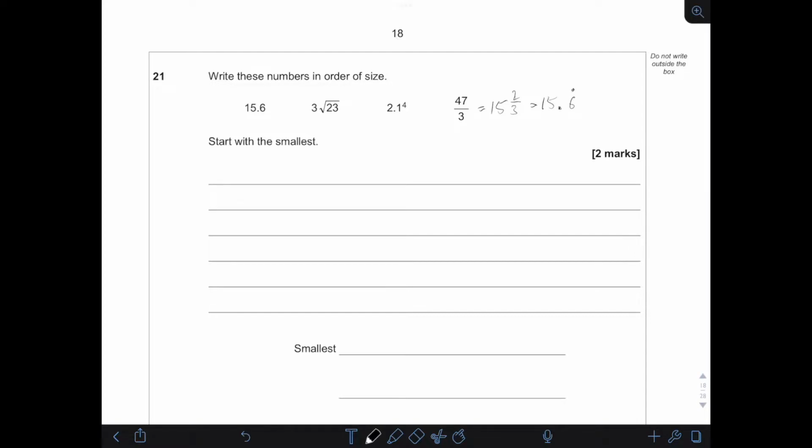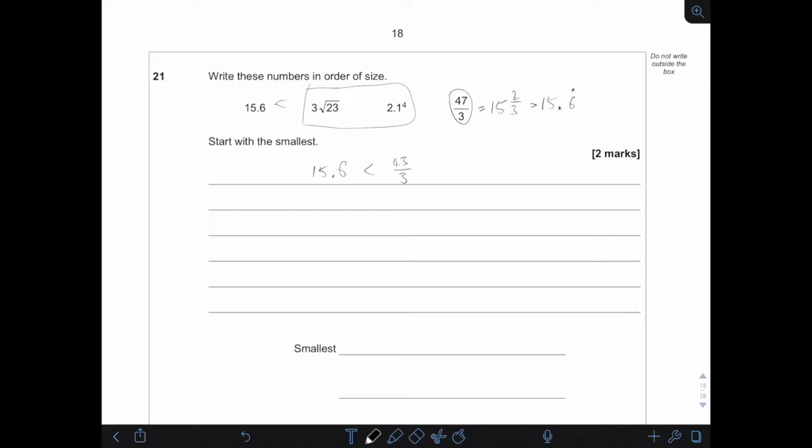So we know that this is definitely greater than 15.6. So we just need to slot in these two in the middle. So we know that 15.6 is smaller than 47 on 3.